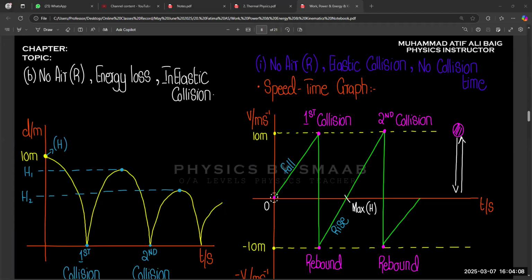Okay, the second case is when there is no air resistance, but we have inelastic collision, and also we have collision time included in the setup, right?